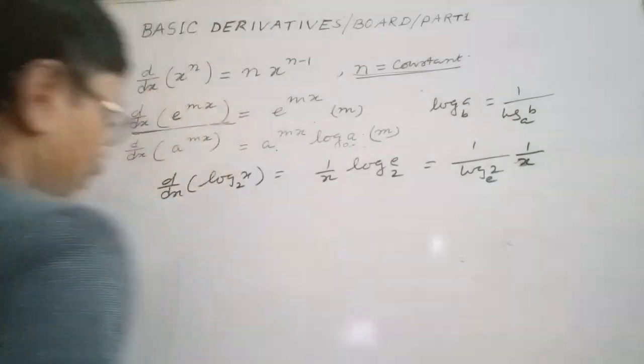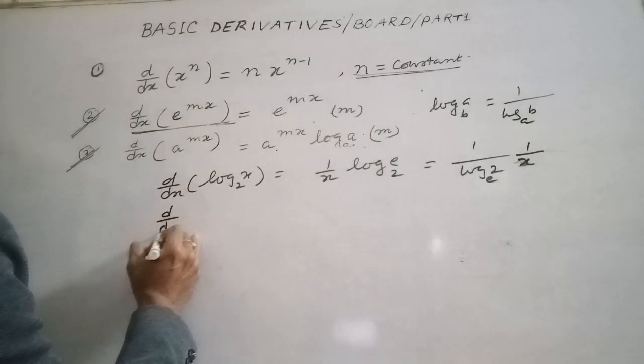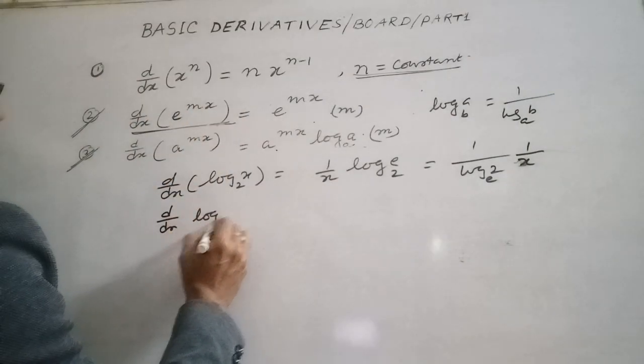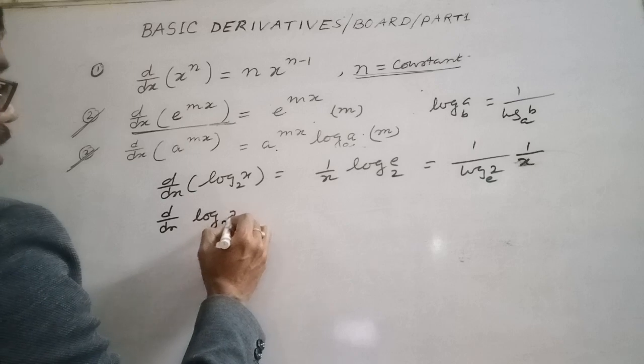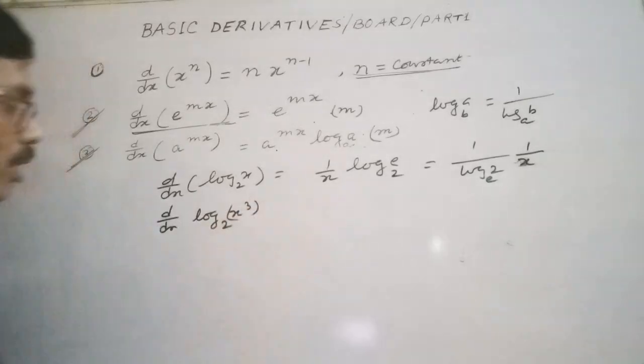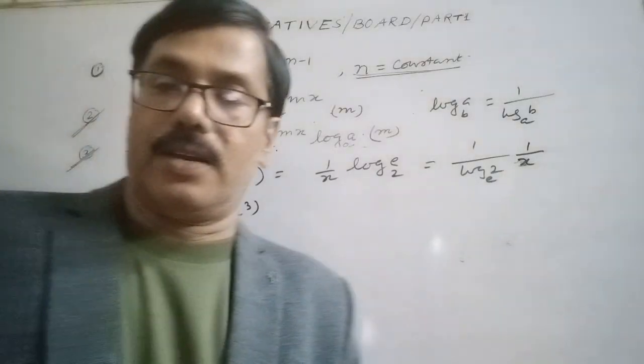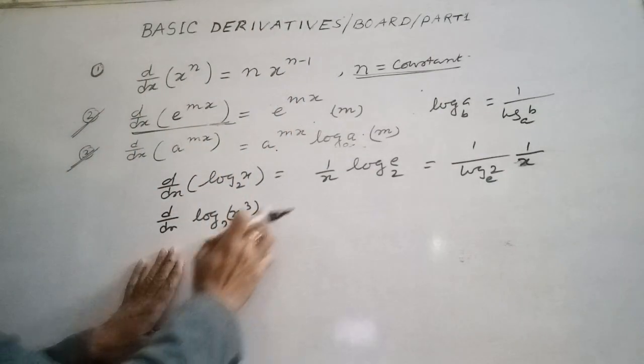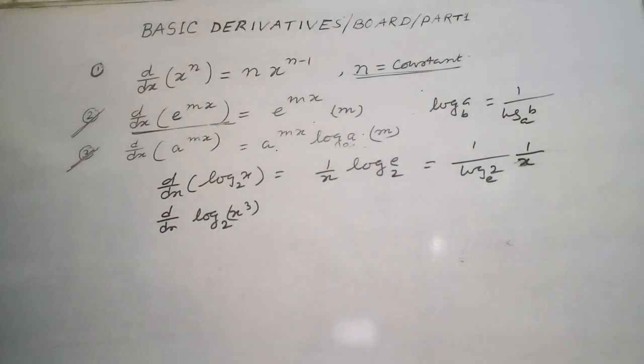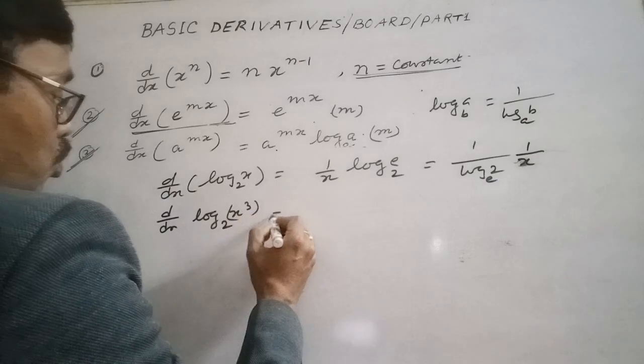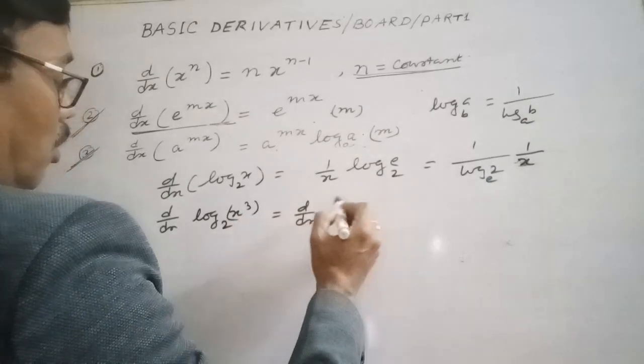So finally, look, d/dx of log of x cube with base 2. This is not linear, so you cannot find the derivative by this rule. But use the formula of log.